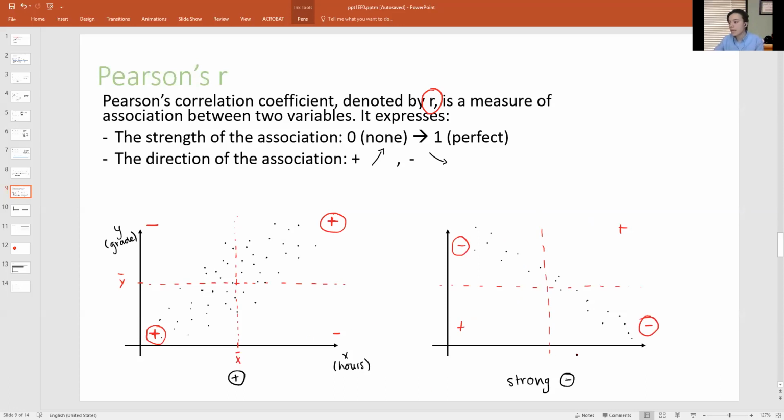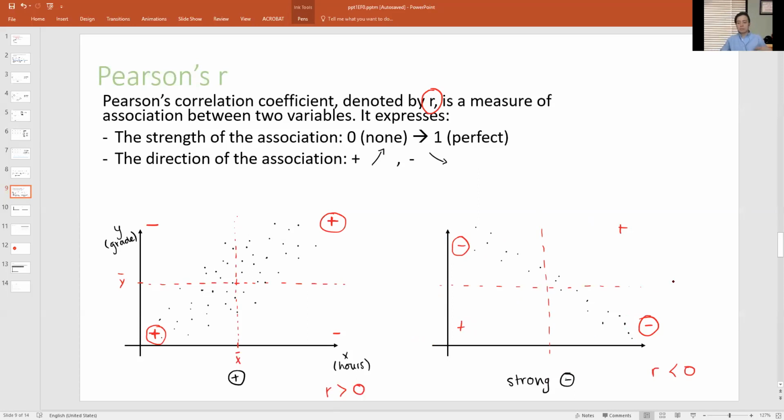That means that a strong value in x is associated with a low value in y, and so plus and minus gives minus, or minus and plus gives minus, right? So we're going to have minus and minus over here, and so that's why my correlation coefficient r is going to be negative, whereas here my correlation coefficient r is going to be positive.